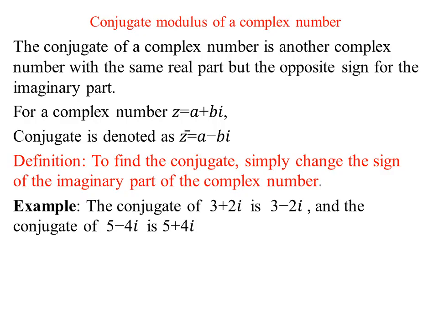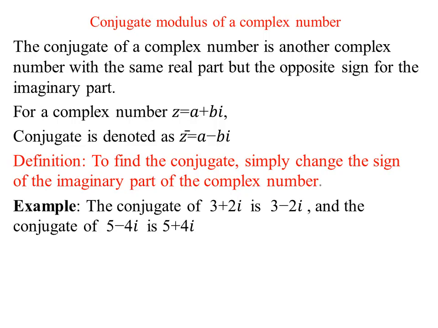Here, the conjugate and modulus of a complex number. The conjugate of a complex number is another complex number with the same real part but opposite sign for the imaginary part. For a complex number z equal to a plus bi, the conjugate is z bar, that is equal to a minus bi.